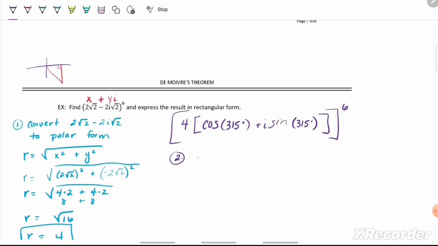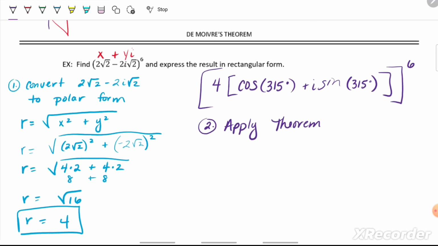Now we're ready to apply the theorem. And our theorem tells us to take our r value and raise it to our power. So that'll be 4 to the 6th times, and we're going to multiply our argument by that 6. So cosine of 315 degrees times 6 plus i times sine of 315 degrees times 6.